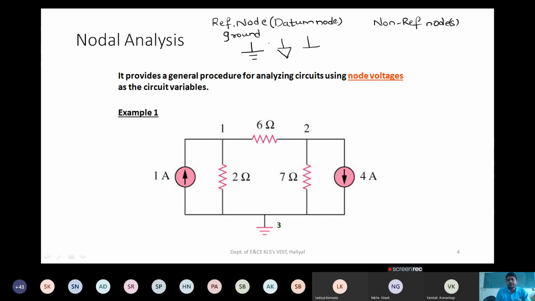So in the examination, if you get any of these three symbols, you should recognize it as the ground or reference node. If they do not give it, then by looking at the circuit, you should select the reference node. Usually this is taken as the reference node.